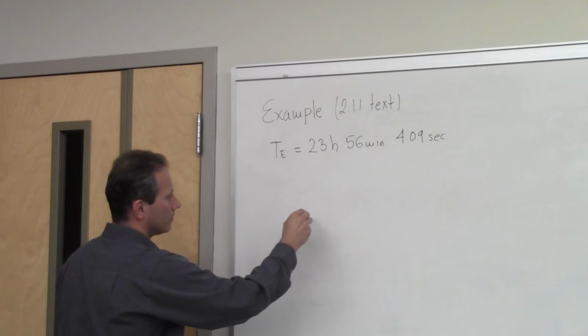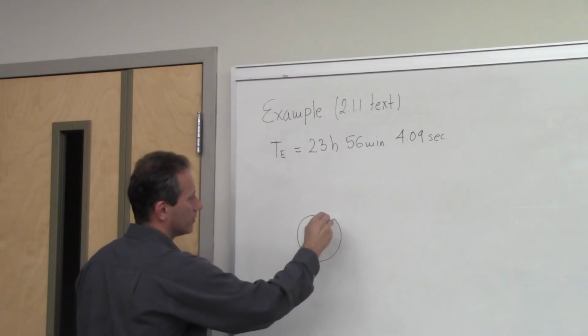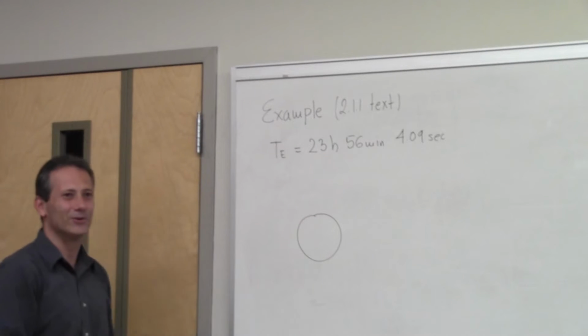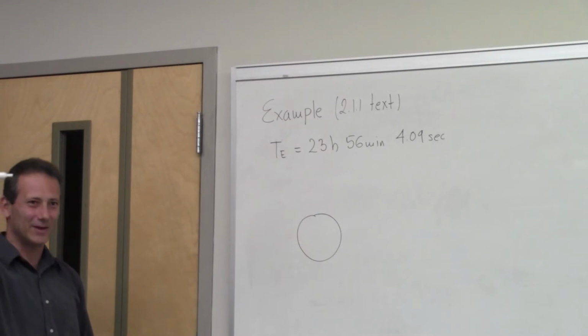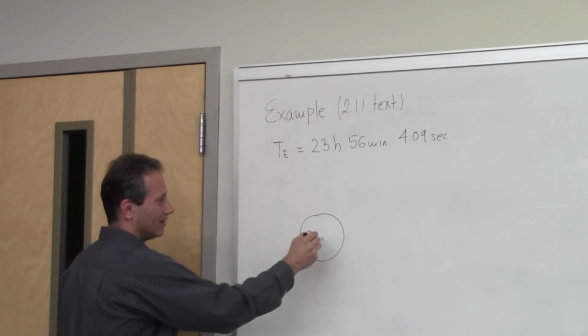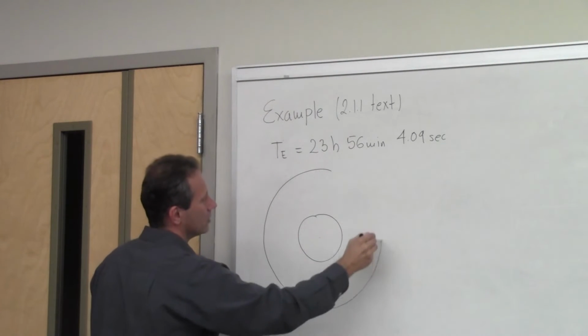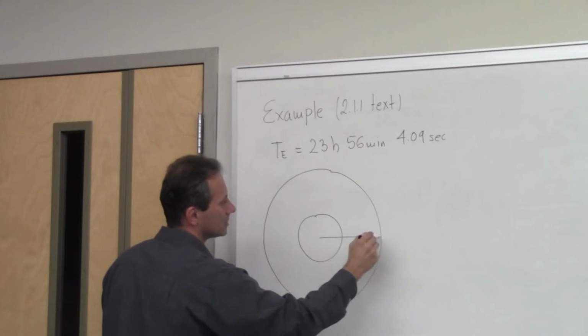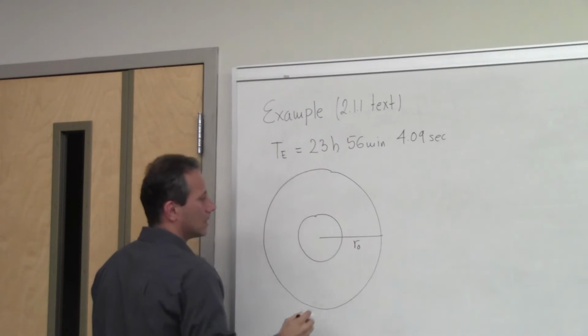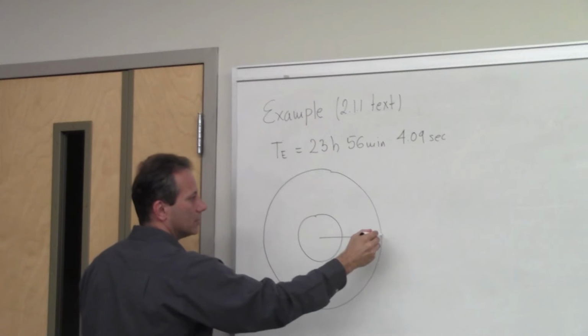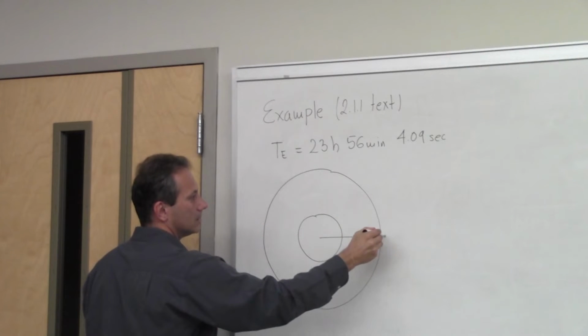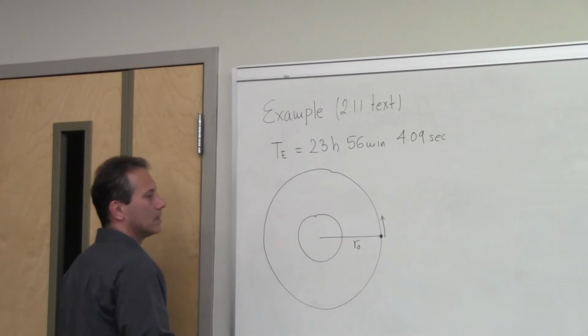If I look at the Earth from the North Pole, or from above, so to speak, although in space there's no above and below, here's where the geosynchronous satellite is going to be. It's going to be at some distance r0, and its rotation, let's say, moves this way.